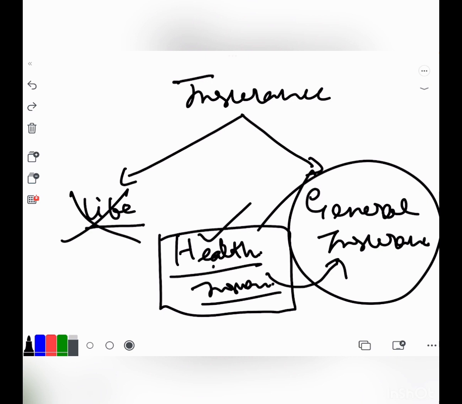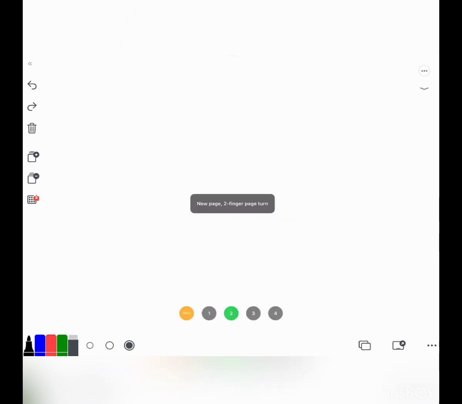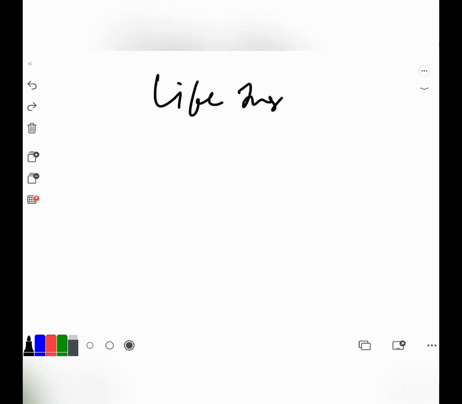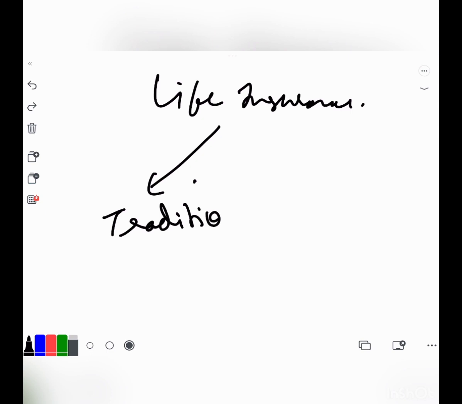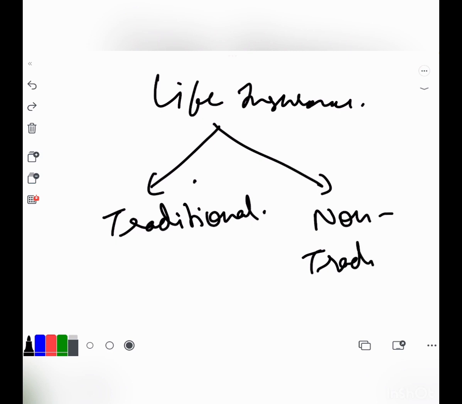Now let us see the categorization of life insurance. Life insurance can be categorized into traditional and non-traditional policies.